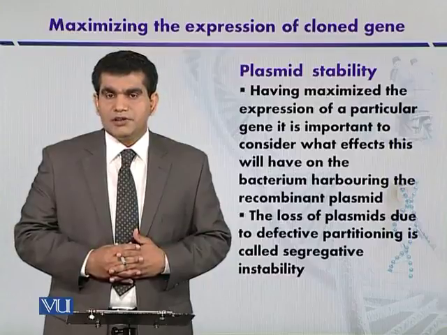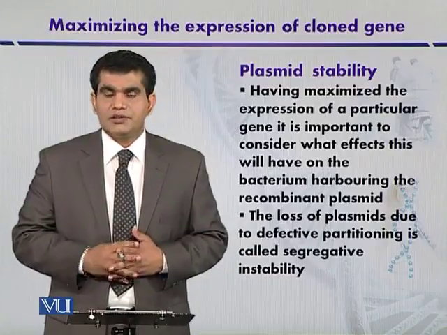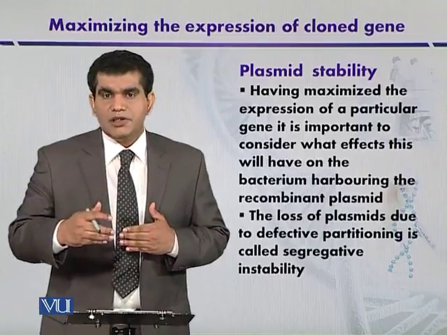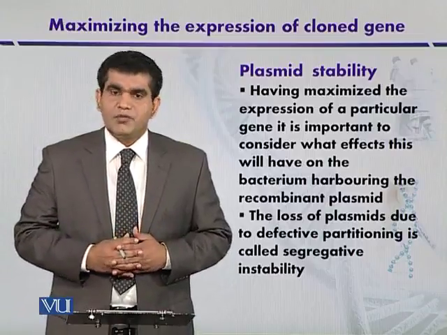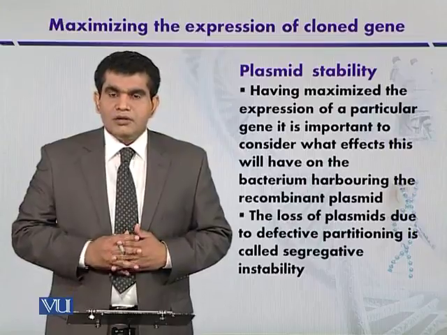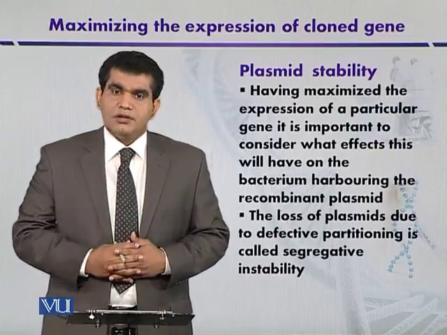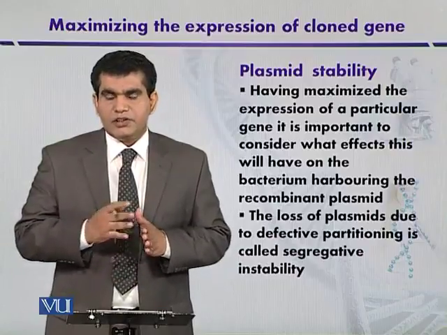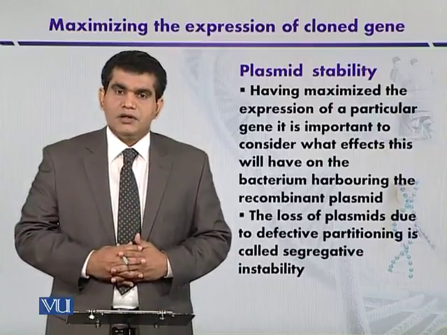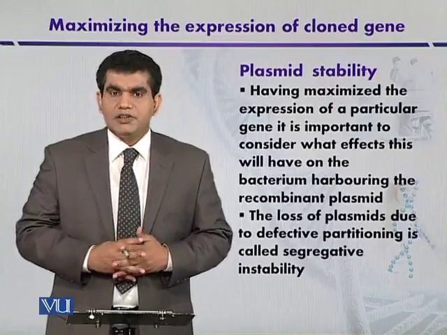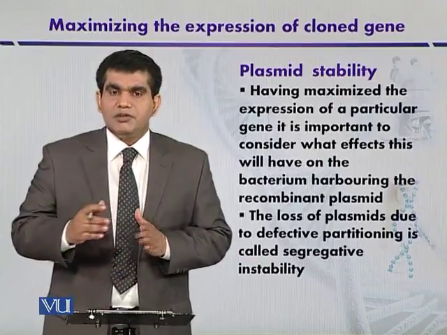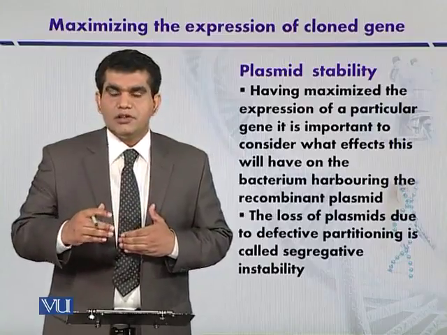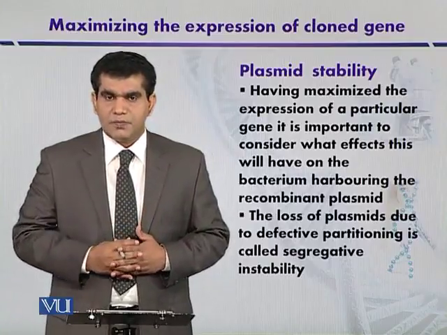So plasmid stability we can discuss in terms of segregative instability and structural instability. If we focus on segregative instability, I think we also focused somewhere in the previous lectures that segregative stability is the ability of the plasmid to segregate or to be maintained equally after cell division.